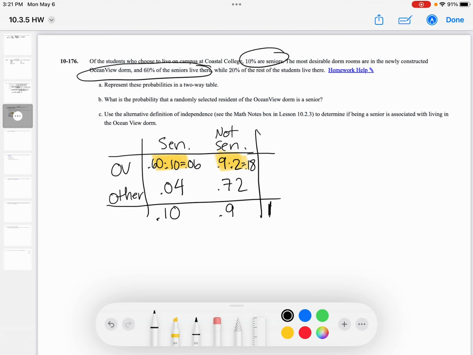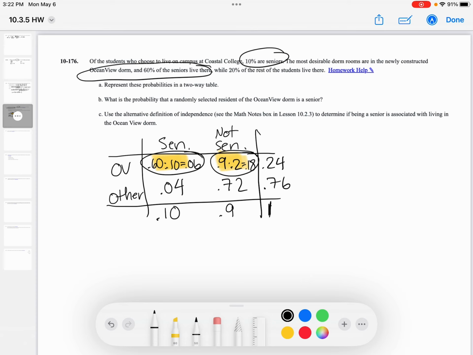If I add up 0.06 and 0.18, I get 0.24. And if I add up 0.04 and 0.72, I get 0.76. Okay, I'll be honest, that's a pretty complicated table to fill in. The key was these two entries, remembering we needed to multiply them together.